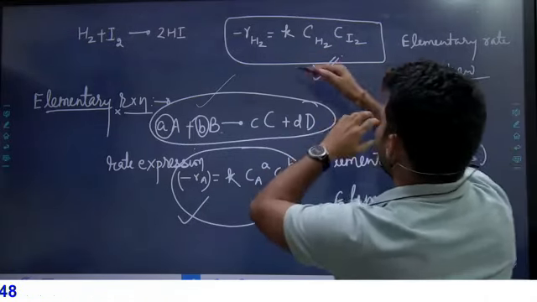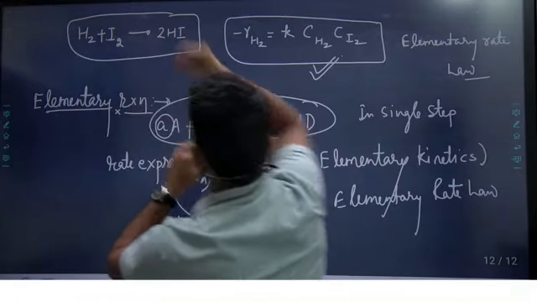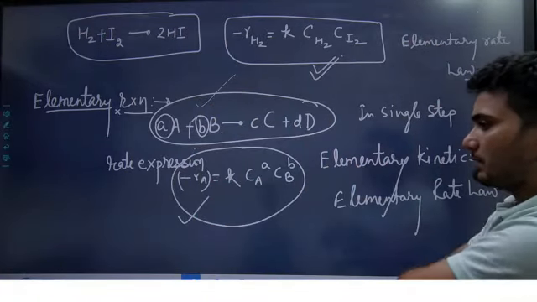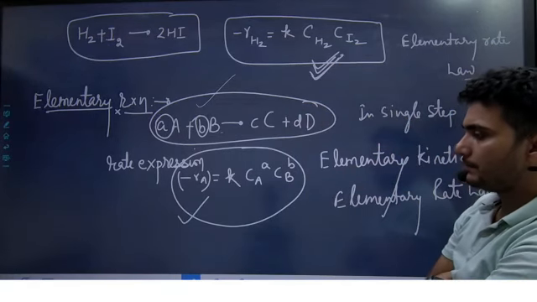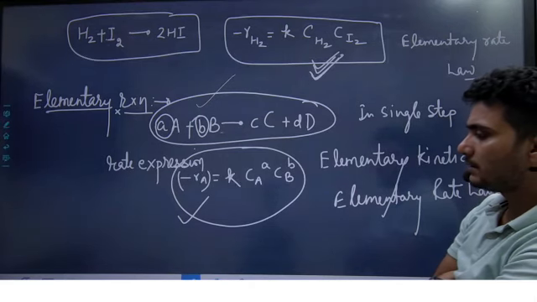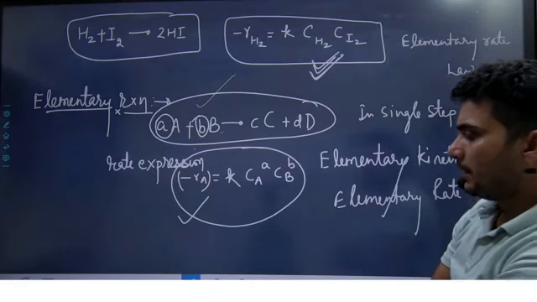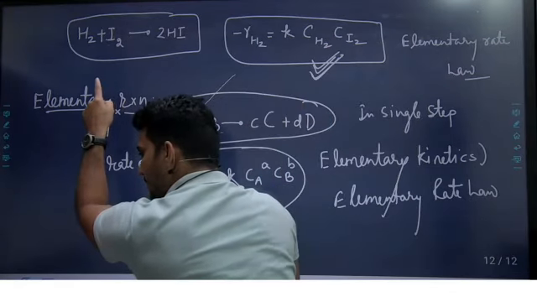Simply, I observe the stoichiometry, so the rate is as per the stoichiometry. What will I say? The reaction is an elementary reaction. From the rate expression, can I say the reaction is an elementary reaction?